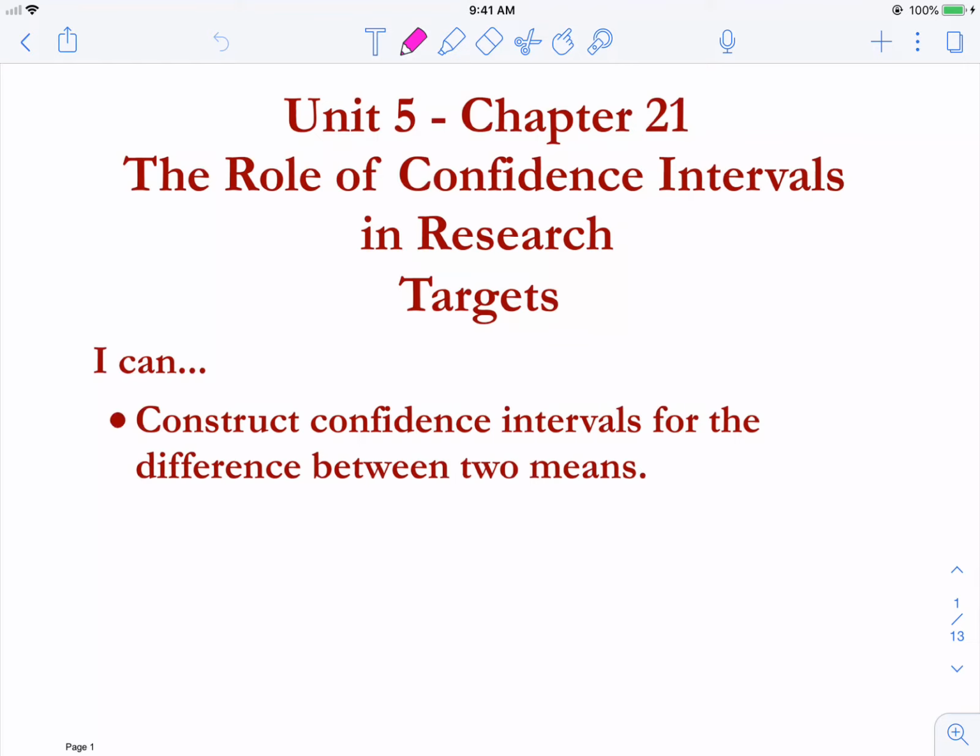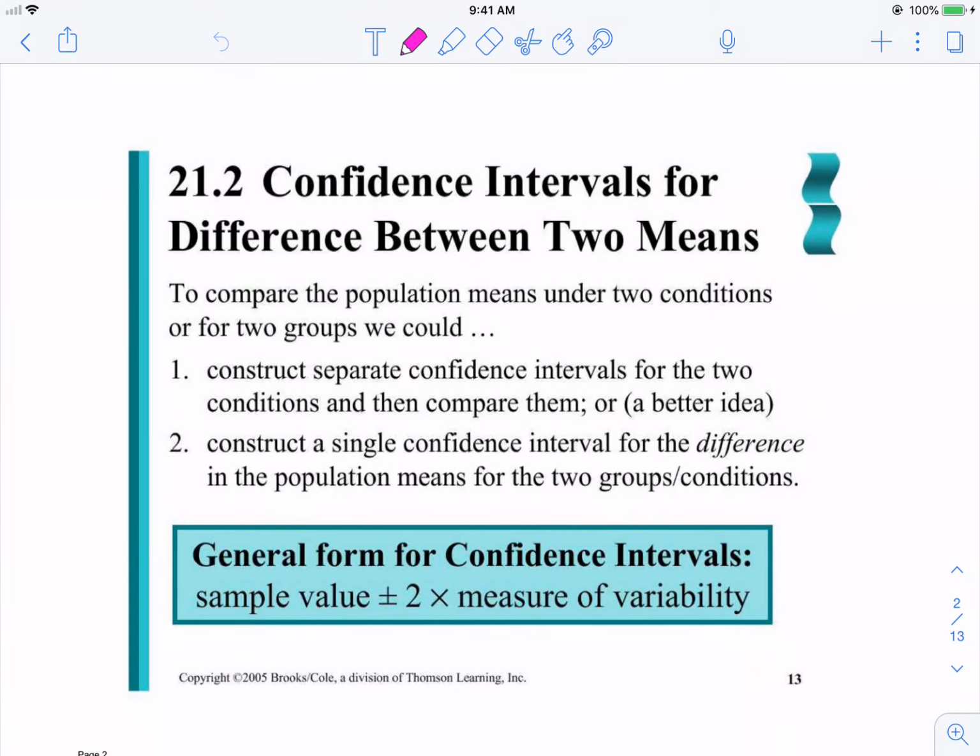Hey guys, we're back today, picking up in chapter 21 with confidence intervals for means, and today we're looking at the difference between two means. Now, this is particularly valuable because the goal of statistics is to be able to make a comparison between two different things.